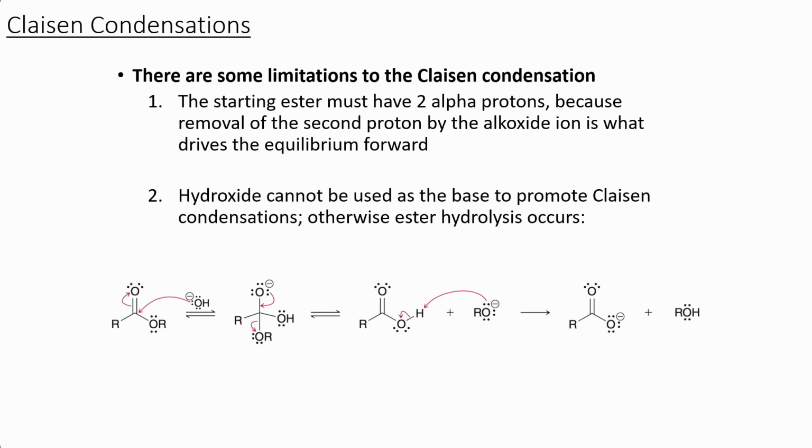There are a couple limitations to the Claisen condensation. First of all, the starting ester must have two alpha protons, because when we looked at the mechanism, the last step was that deprotonation by the alkoxide ion, and that's what's going to drive our equilibrium of the reaction forward. And then second, we can't use hydroxide as a base to promote the Claisen condensation because hydroxide will hydrolyze our ester, which we learned about last chapter.